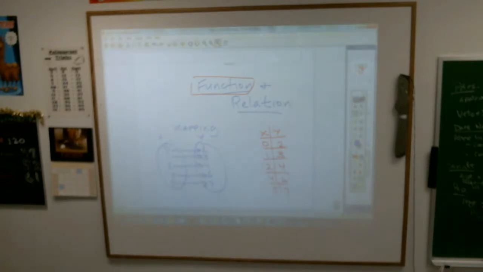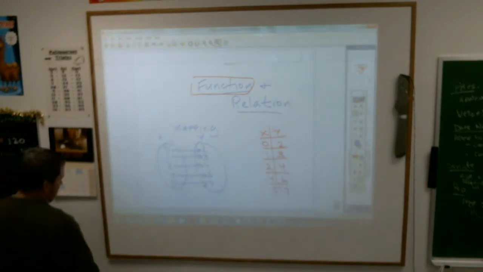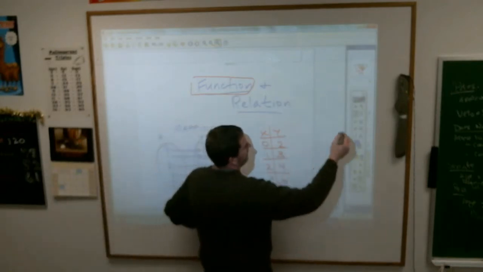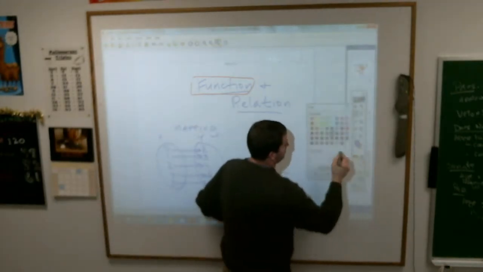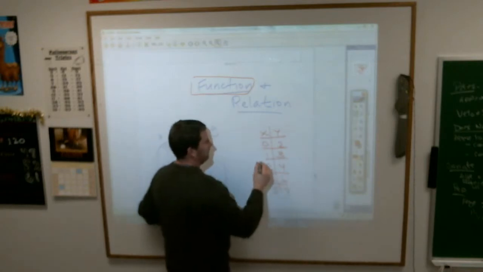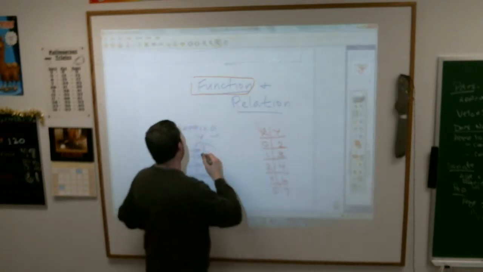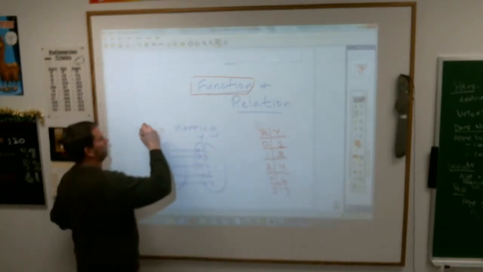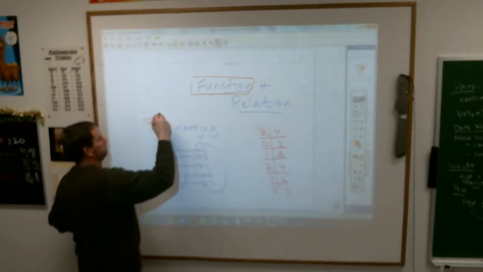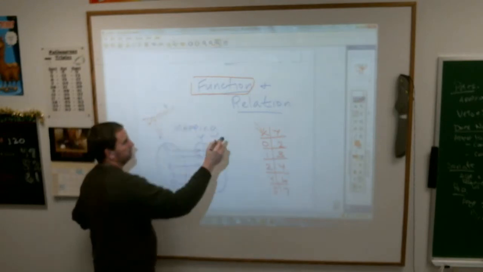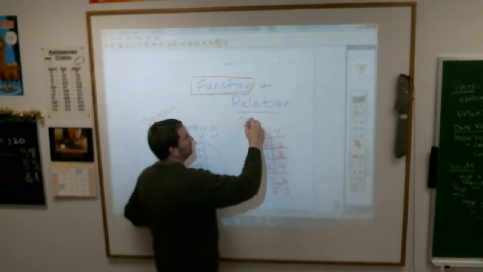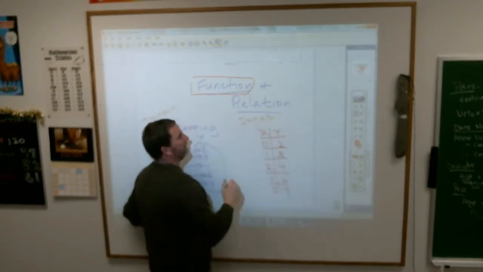Now, here is some other definition stuff. The x values here and here are called the domain numbers. Domain.